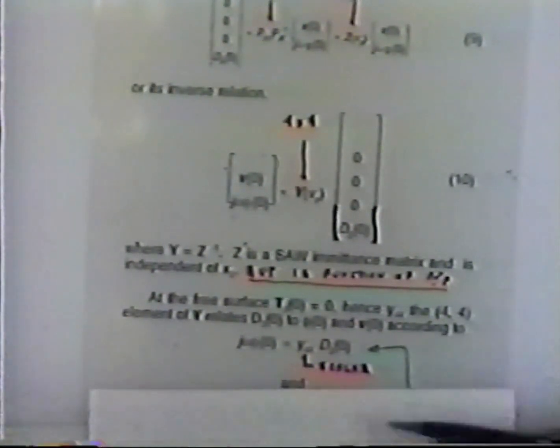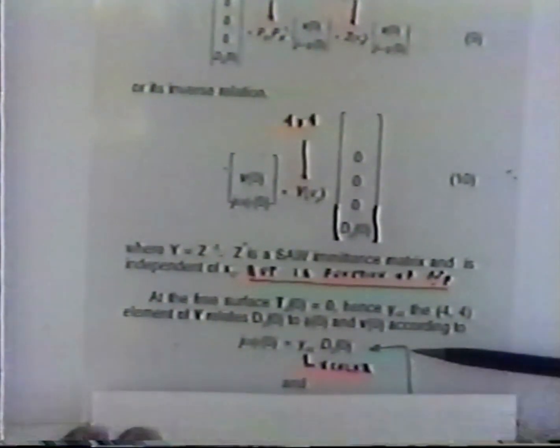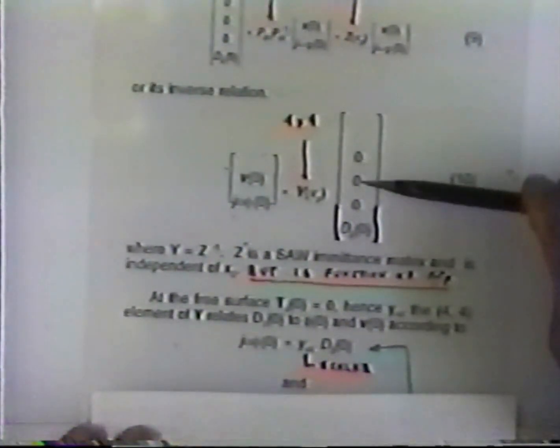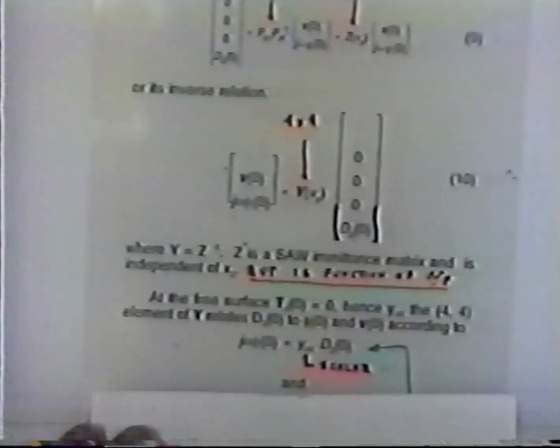Now, that is a constraint which is directly from the electromechanics. We haven't said anything about a boundary condition yet, except for the mechanical boundary condition. In other words, this statement, where there's an arrow pointing to it, is only true if you have a mechanically free surface, because it assumes that these three elements are 0.